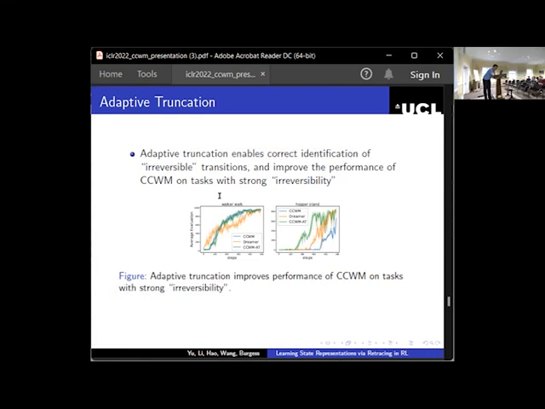If I told you you start in state S and you take action A, followed by action A prime, you ought to be able to know where you will end up without observing the intermediate state. From state S, taking action A, you go to state S prime. Take another action A prime, go to state S double prime. You ought to be able to predict self-consistently that if you're in state S and you take actions A and A prime, you'll end up in state S double prime. That would be a self-consistency.